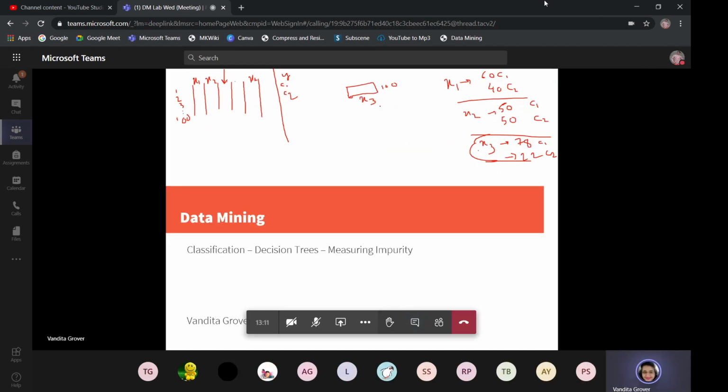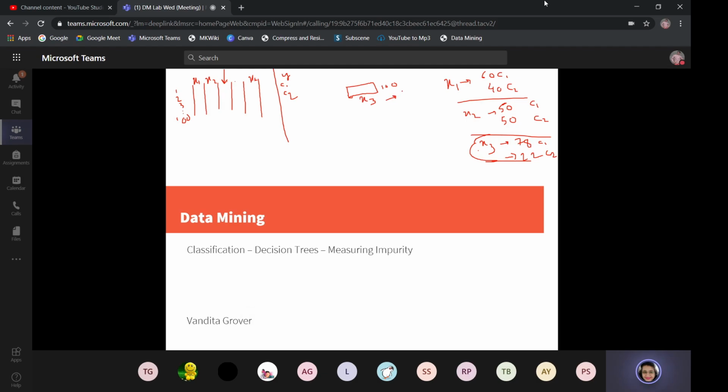Now x3 will have different values. It can be a nominal or a continuous attribute. Nominal means it can have some categories, and continuous means it can have some values. So if nominal, it could have 2 values, 3 values, 4 values, like yes and no. If it has 3, maybe it could be low, medium, high, or maybe this is eye color.